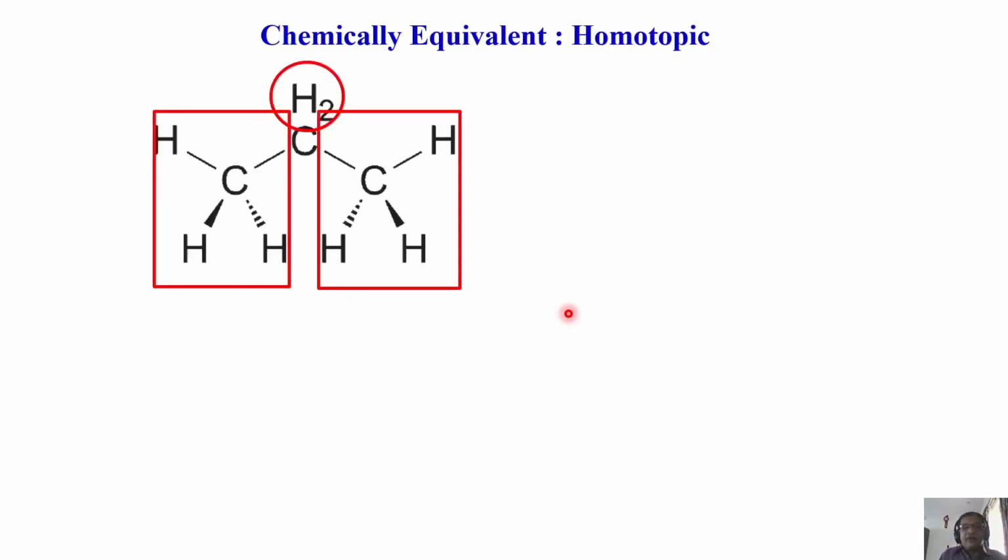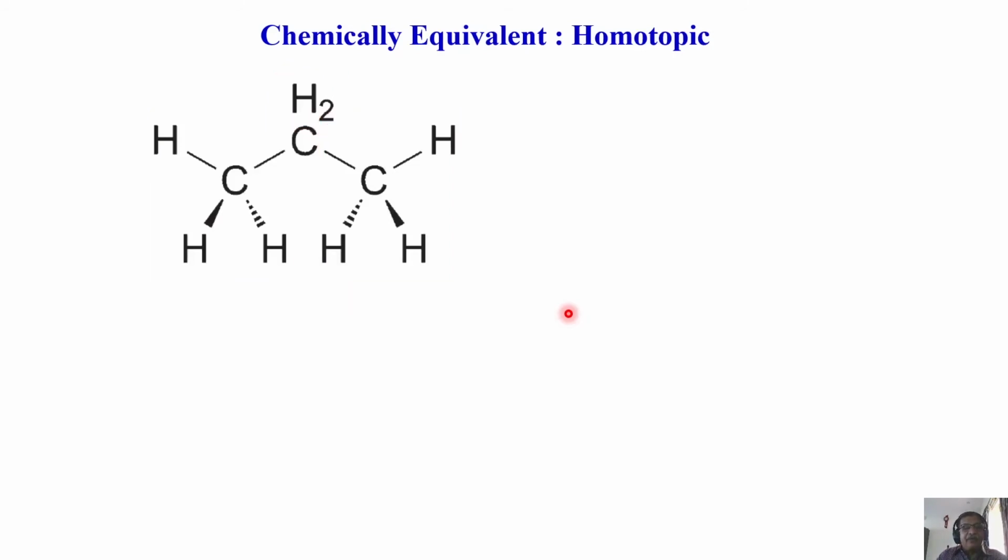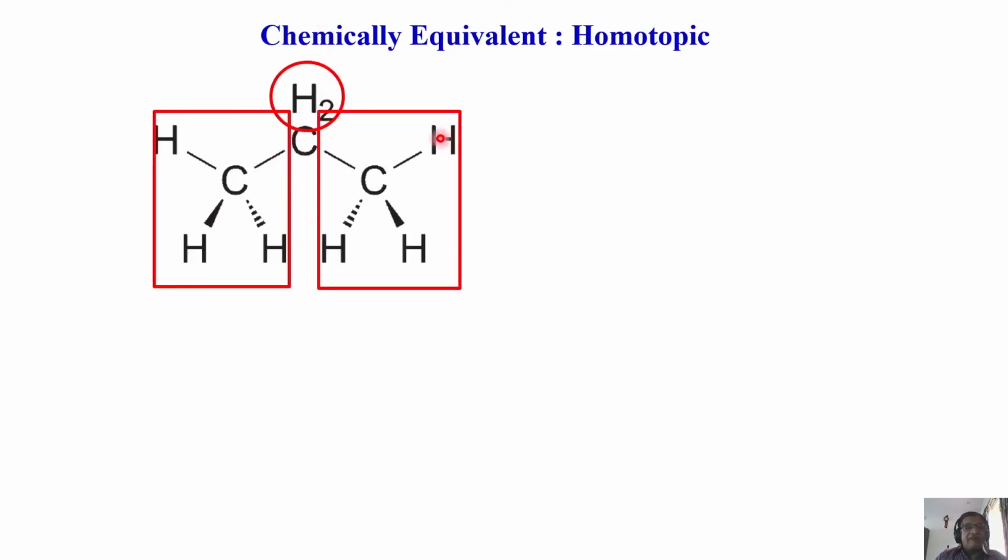Okay. So now, continuing with chemically equivalent, homotopic, another example I want to give you. Look at this molecule. There is a symmetry axis along this, and this CH3 is equivalent to this CH3, whereas this CH2 is different. So what does it mean? We get 2 different types of peaks for proton, and these 2 methyl groups give a single peak.